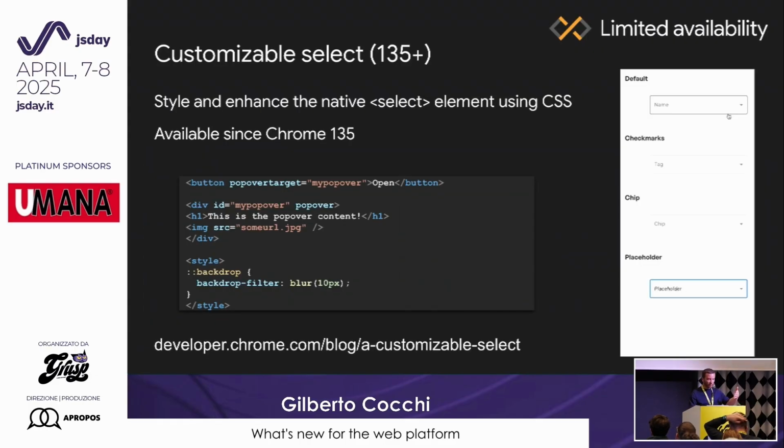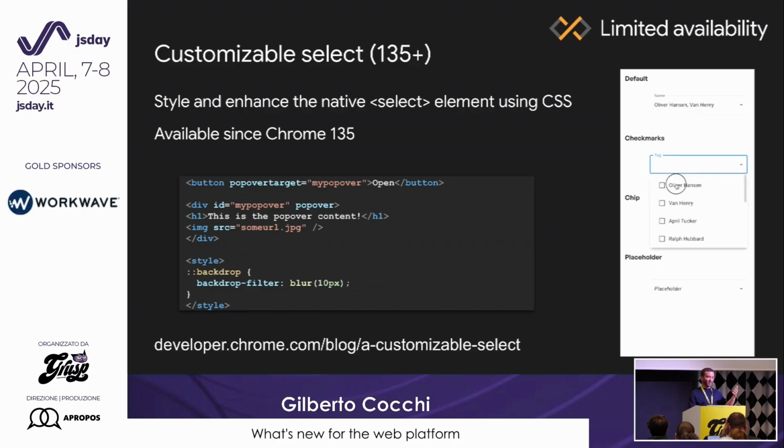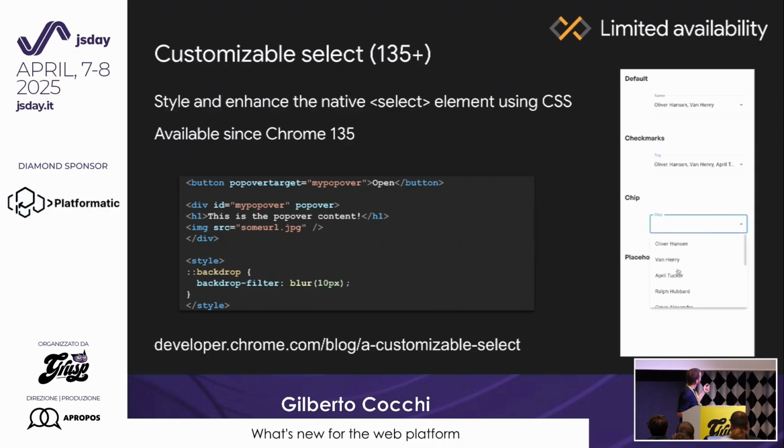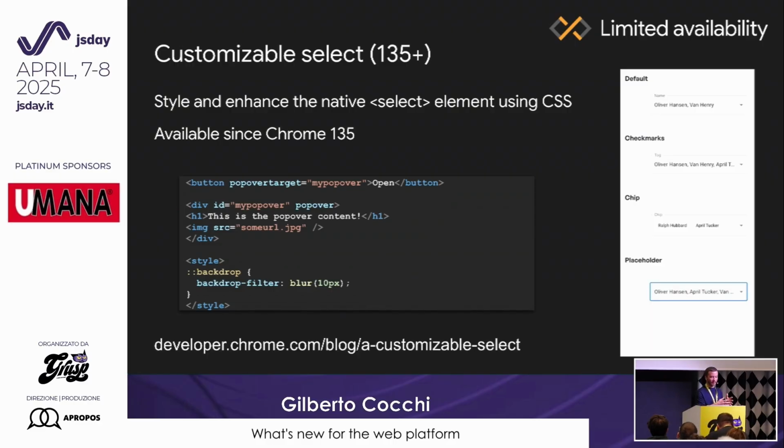And there are more and more things, like, for example, customizable select. I'm going to be quick because I think we're running out of time. One of the recent elements that we launched in Chrome is the customizable select. You can see it in Chrome 135, which was released last week. I'm sure some of you have found yourselves wanting to create a custom select.